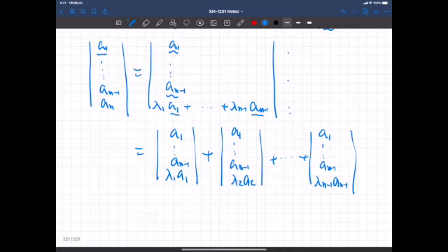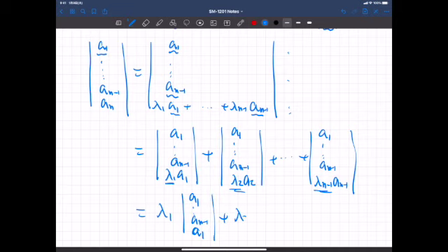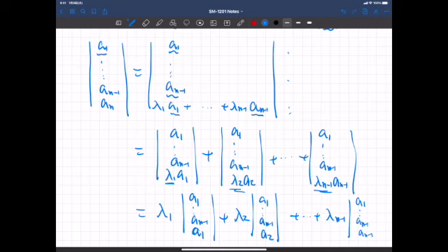And also we can put each constant scalar out of the determinant. So this becomes lambda 1 times the determinant of A1 up to A n minus 1, A1, and lambda 2 times the determinant of A1 up to A n minus 1, A2, and so on, up to lambda n minus 1 times the determinant of A1 up to A n minus 1, A n minus 1.